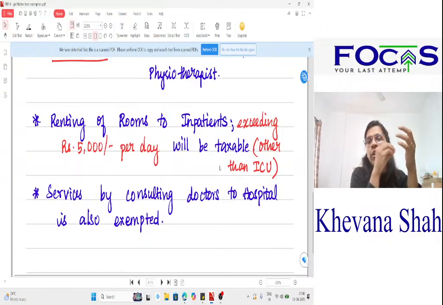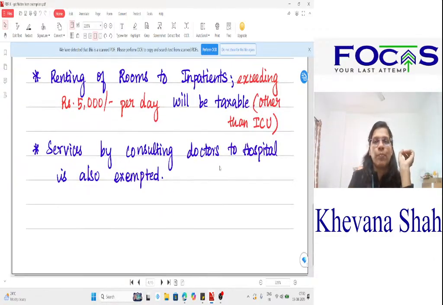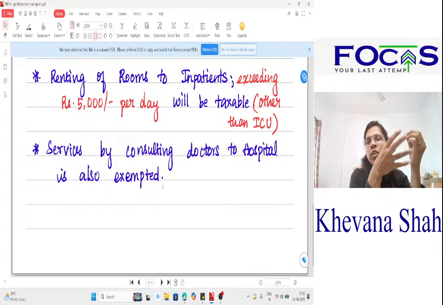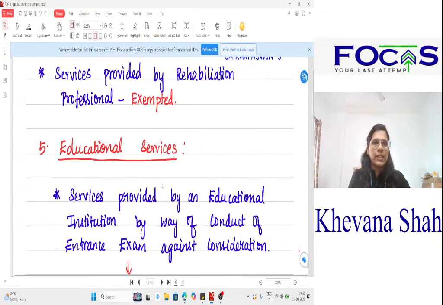Otherwise, if you are renting a room in a hospital as an inpatient for which your room rent is exceeding 5,000 rupees per day, in that case it will be taxable, otherwise it is exempt. And services by consulting doctors to hospitals are also exempted. So if any consulting doctors are giving services in the hospitals, then that will also be exempted.